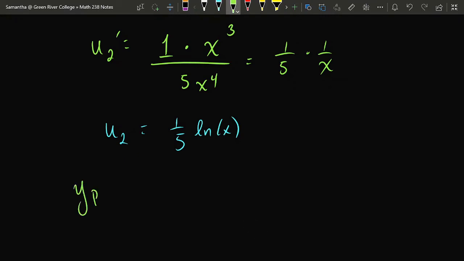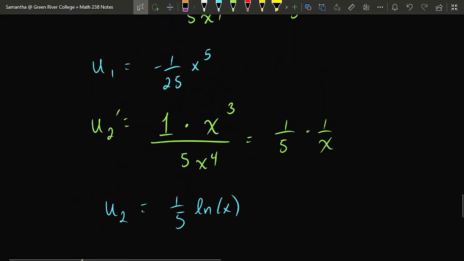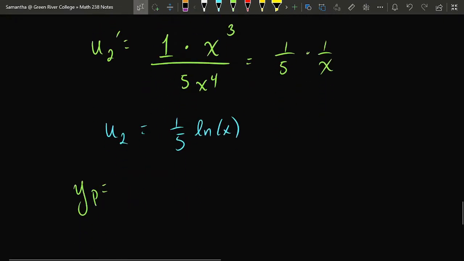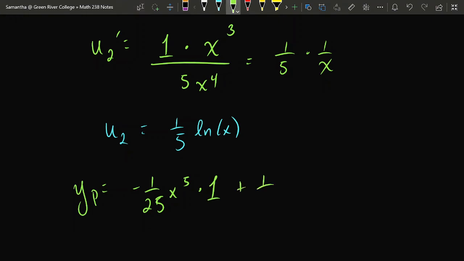So our particular solution, if we assemble it according to the variation of parameters formula, is u1, which was negative 1/25 x to the 5th power, multiplied by y1, which was just equal to 1, and u2 multiplied by y2.